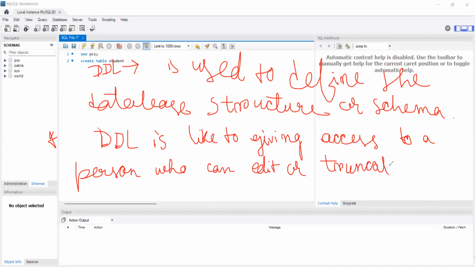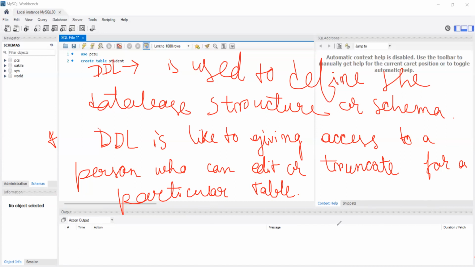Truncate is a command we will discuss later. DDL is used to define the database structure or schema.